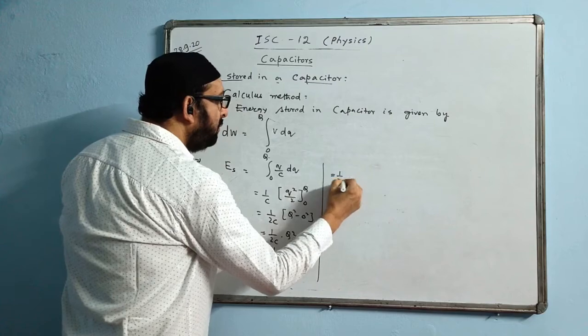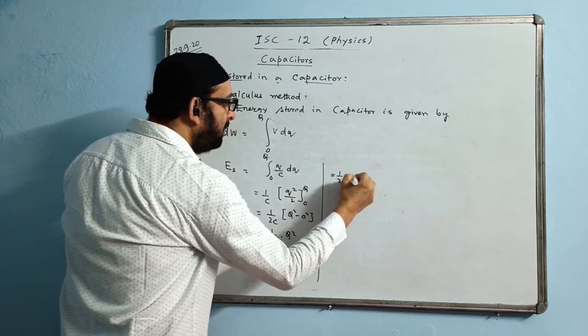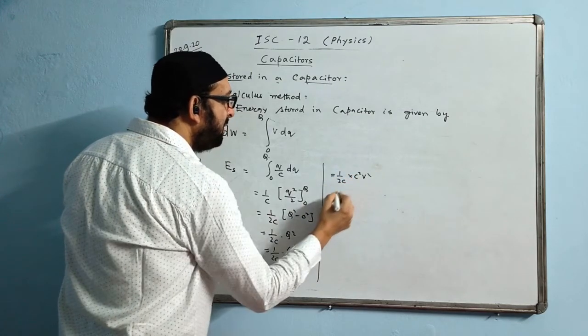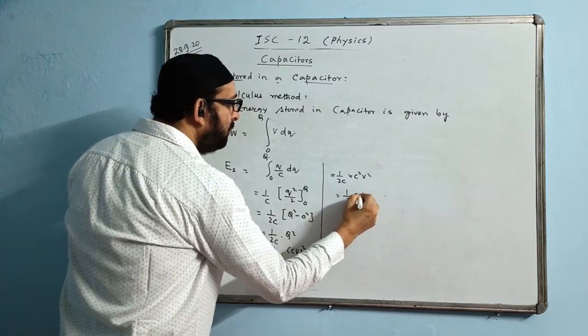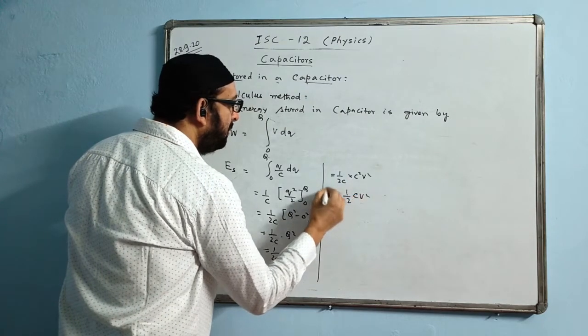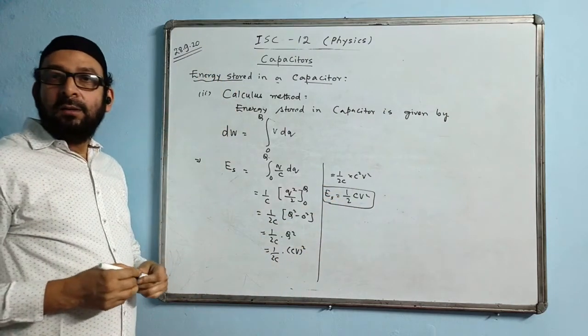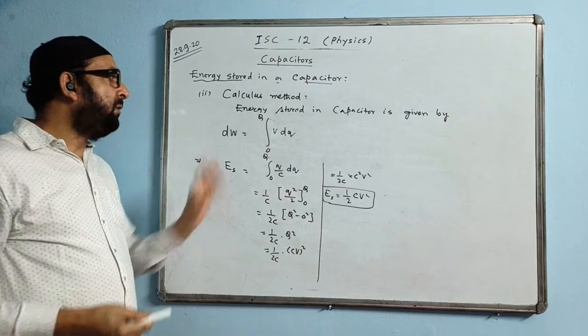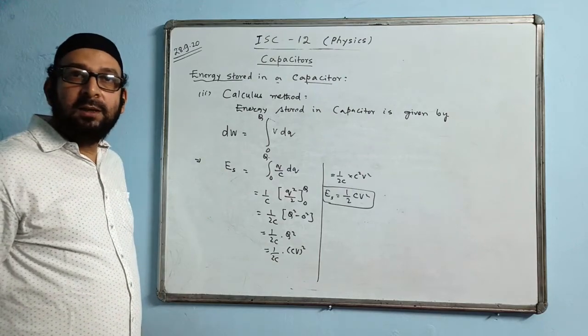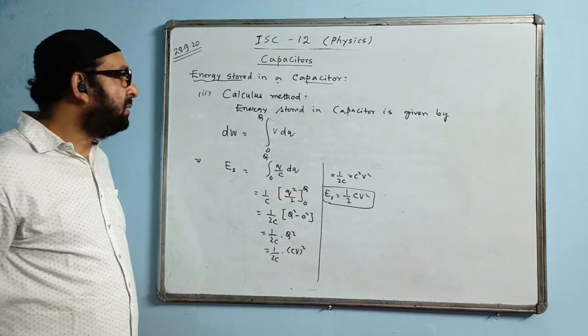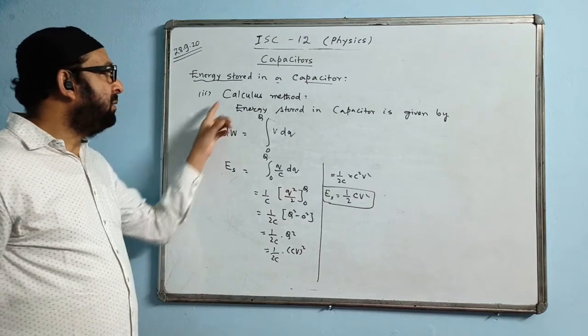Here we get 1 by 2C, this one is squared, so we get C squared V squared, C cancels. You get 1 by 2 C V squared. This is the formula, half CV squared. The formula is the same as what we derived before, but that previous was the easier method, the graphical method, and the same thing we are doing here is the calculus method.